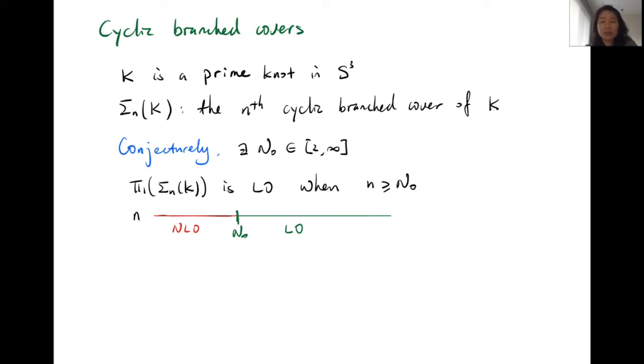Particularly, if n_0 is equal to infinity, that means none of the cyclic branched covers has left orderable fundamental group. If n_0 is equal to 2, that means every cyclic branched cover has left orderable fundamental group.